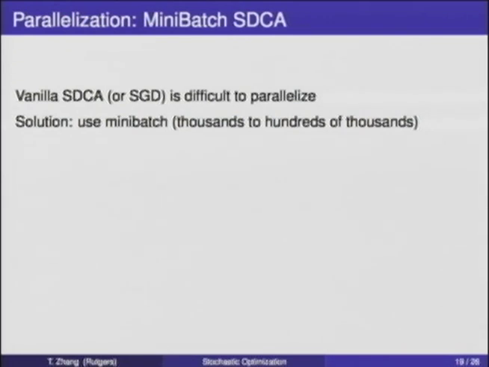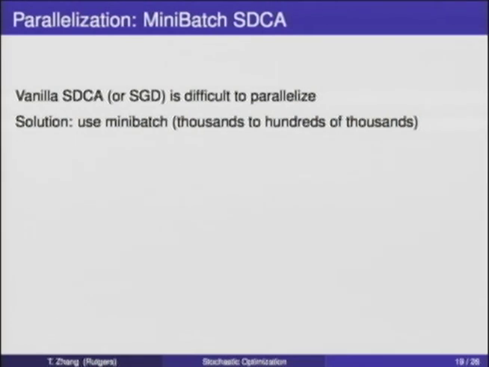Sequential algorithms are useful when you implement them on a single core. If you do that on multiple cores, or on multiple machines, they cannot be parallelized. There are different approaches to that, but I will talk about two things which can lead to parallelization. One approach is MiniBatch.